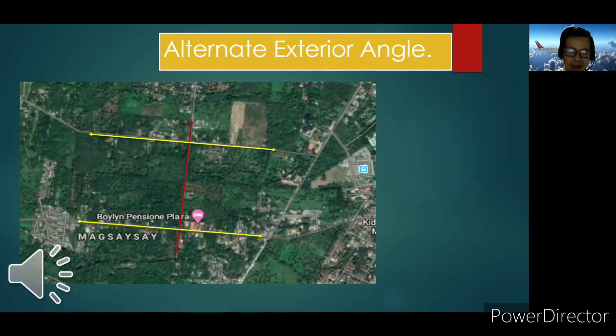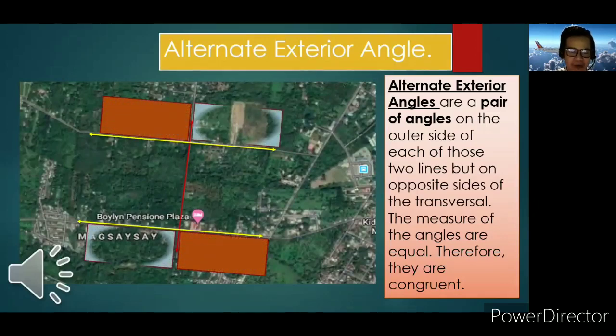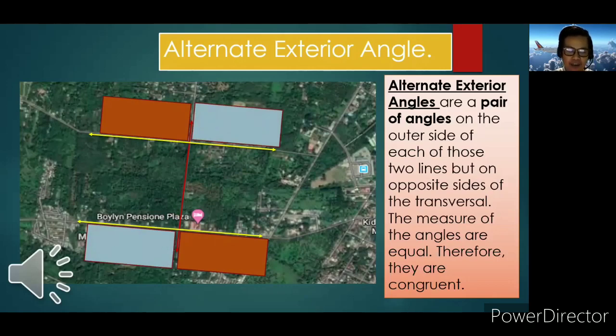We already know that alternate exterior angles are pairs of angles on the outer side of each of those two lines but on opposite sides of the transversal. Our first pair of alternate exterior angles is colored in orange, and the second one is in blue. When the two lines being crossed are parallel, the alternate exterior angles are equal.